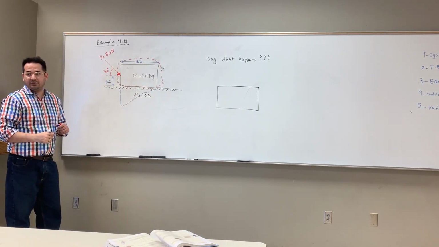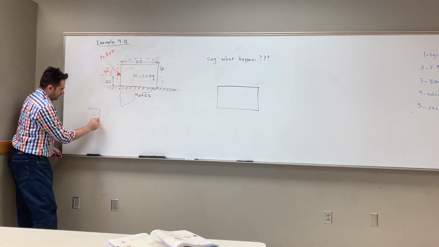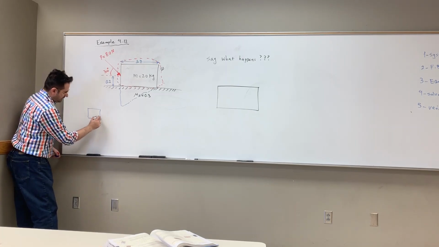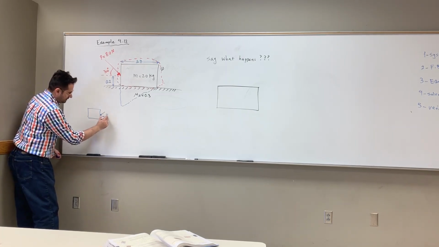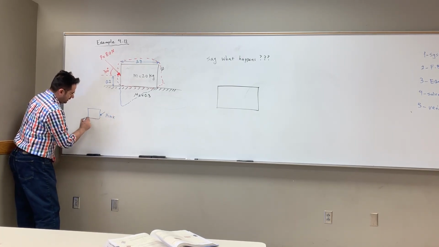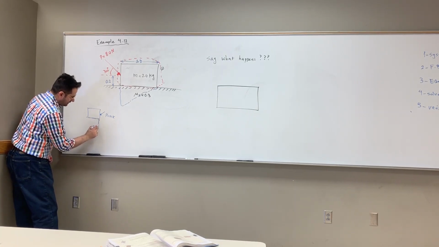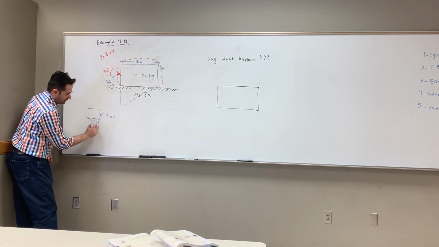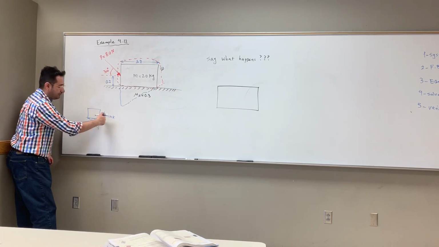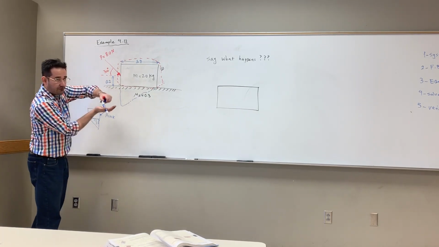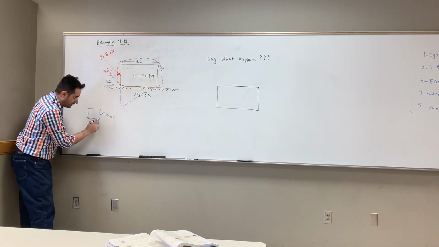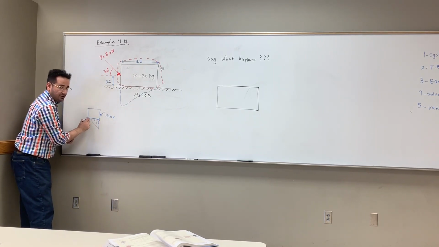Let's say you put a force P of 10K here. You have more pressure here than at this end, therefore more engagement between the surface roughness, so more friction here than at the other end.